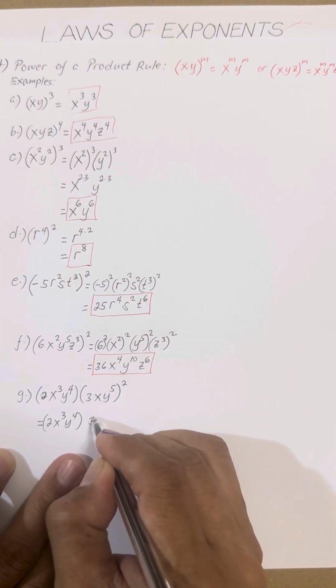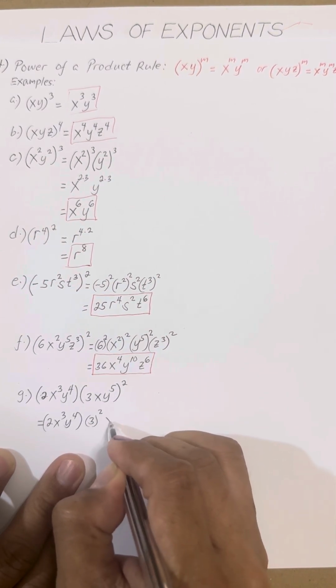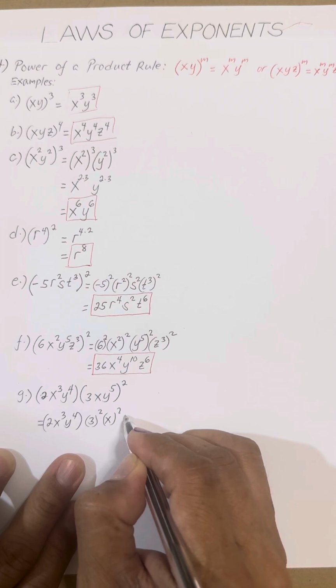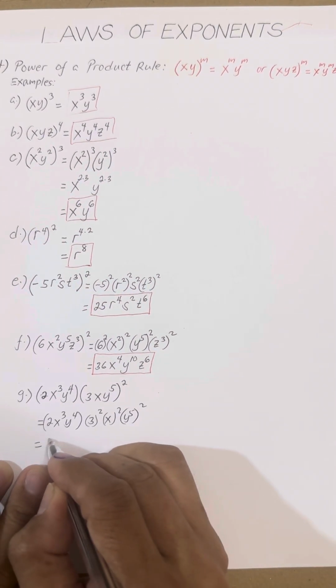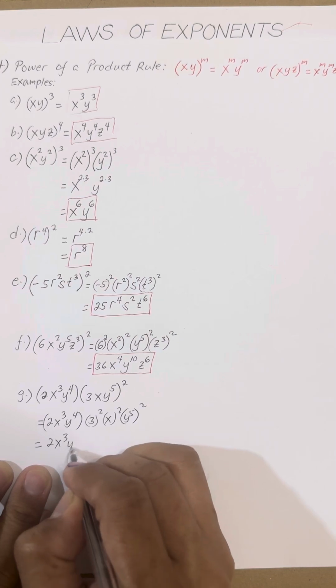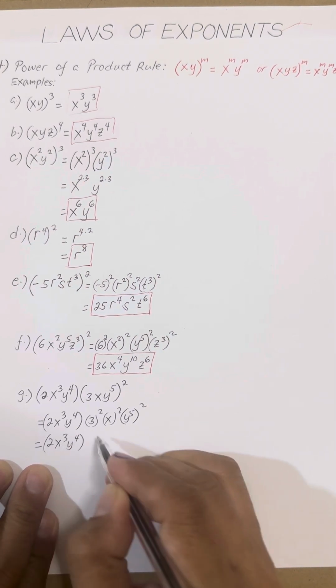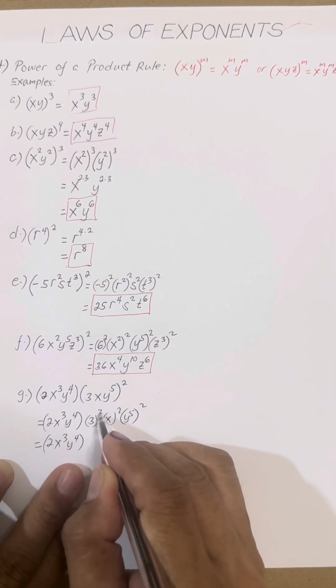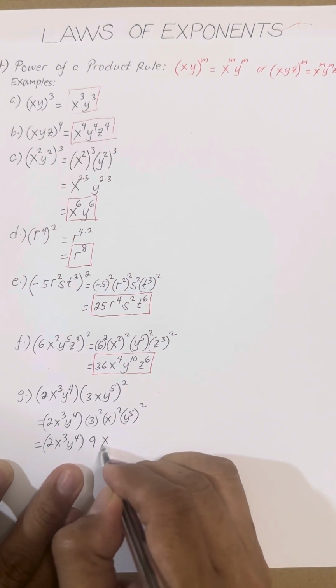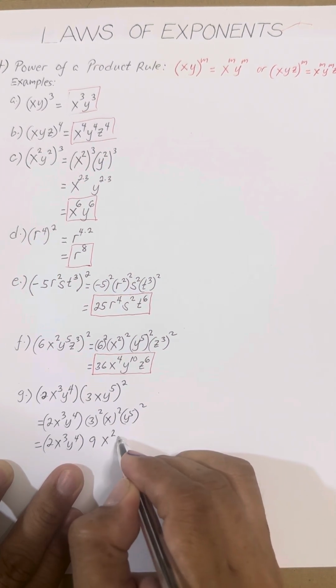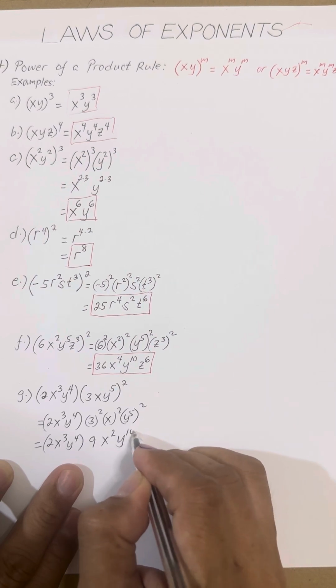So we have 3 squared times x squared times y to the 5th squared. So 2x cubed y to the 4th. Then this is 3 times 3, or 3 to the power 2 is 9. Then times x squared. Then we have y to the power 5 times 2 equals 10.